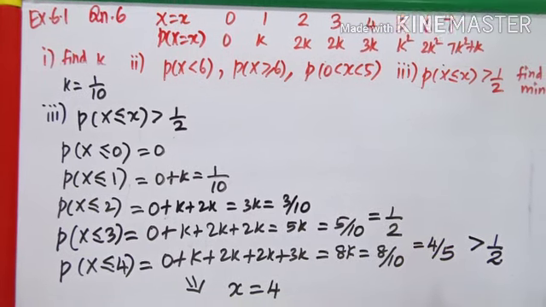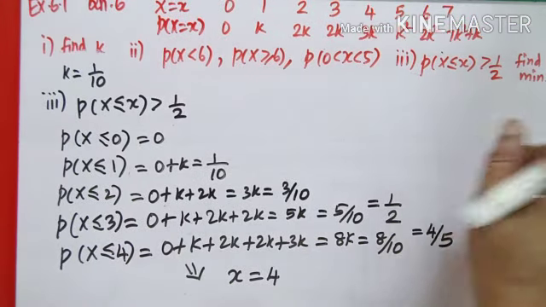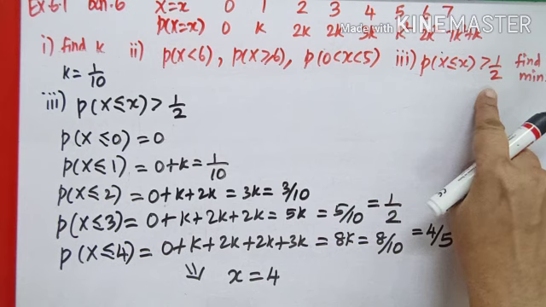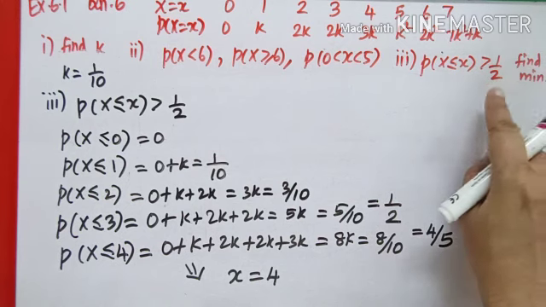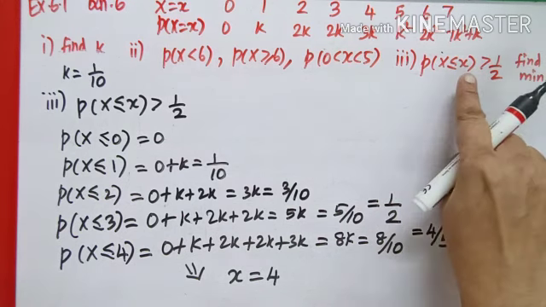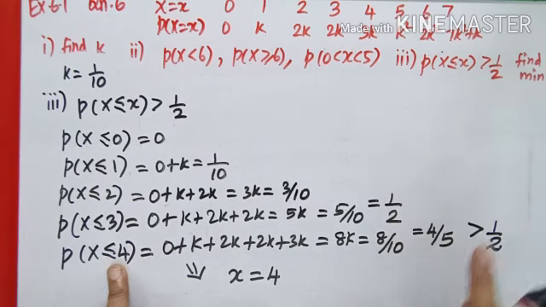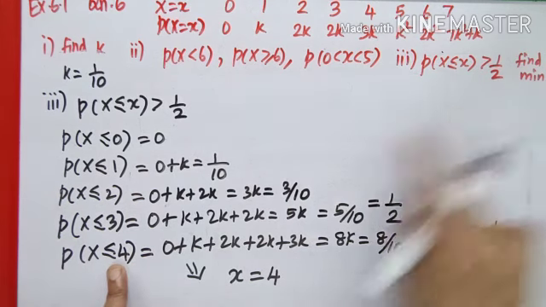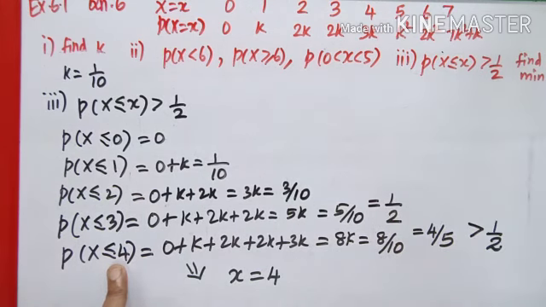So when we get 4 or above, my probability is more than half. So x less than or equal to 4 gives me 4 by 5, which is greater than 1 by 2. The corresponding x value they want, minimum x value. So the corresponding x value is 4 and 4 is my answer.